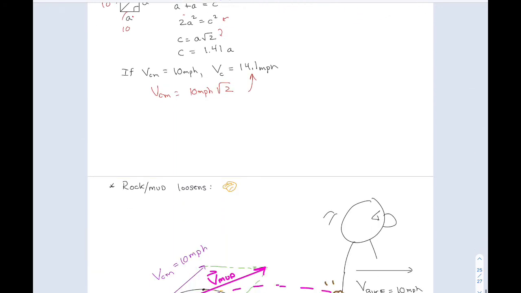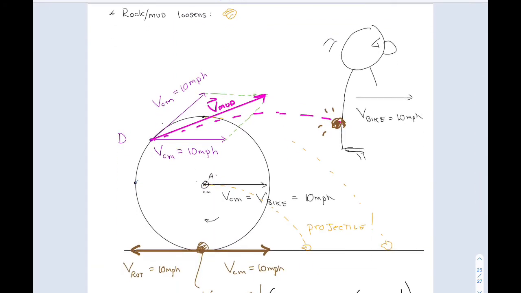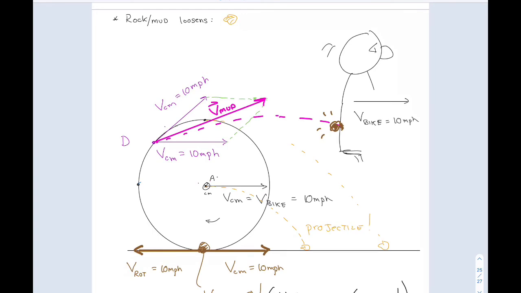Now, what if that chunk of mud came off at a different place? Let's say it came off right there, at point D. Well, the mud is attached to the wheel at that instant.